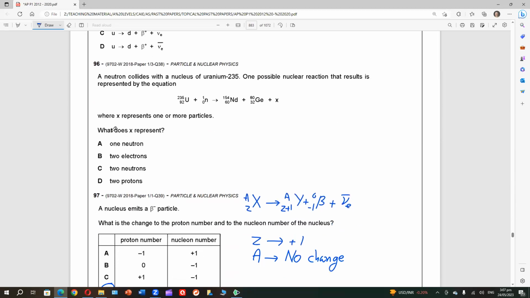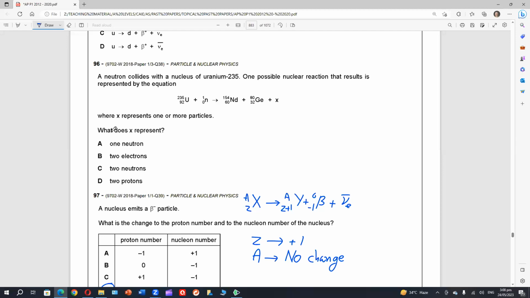A neutron collides with the nucleus of uranium-235. One possible nuclear reaction that results is represented by the equation, where X represents one or more particles. It appears to be nuclear fission.